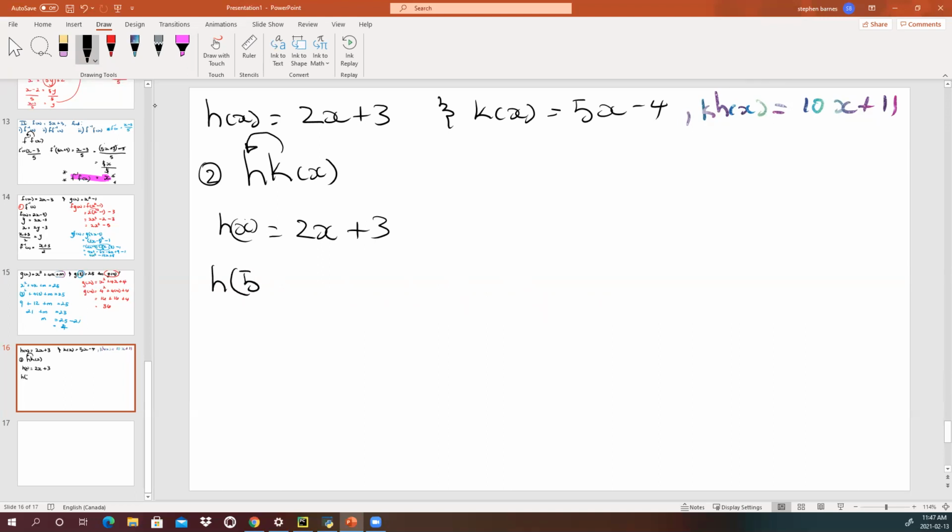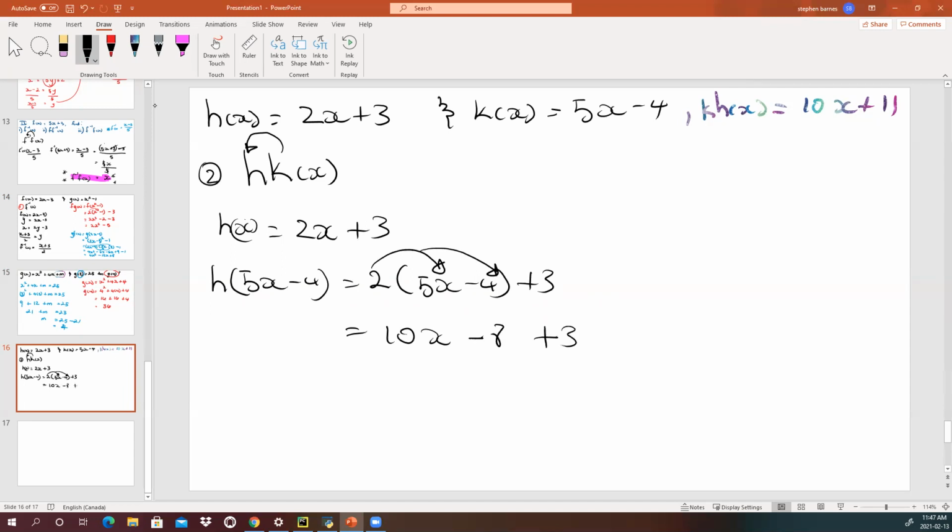K is 5x minus 4. So therefore, we are having 2 times, instead of x, 5x minus 4, plus this 3 here. So again, let's multiply. This is 10x. 2 times -4 is -8 plus 3. 10x minus 5. Any questions?